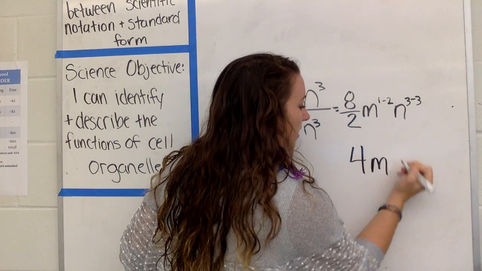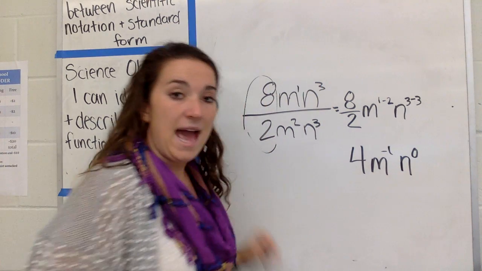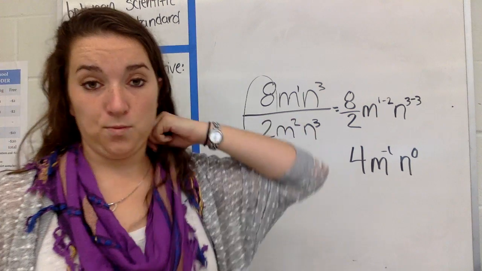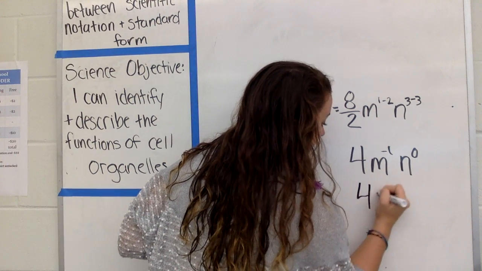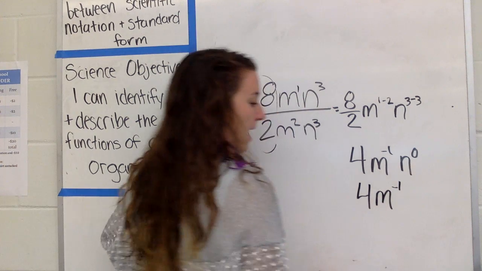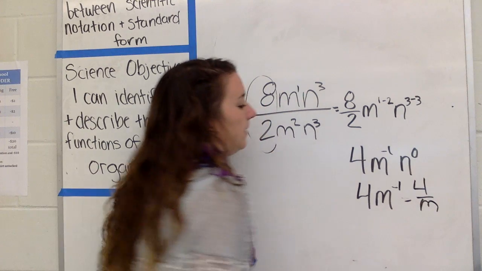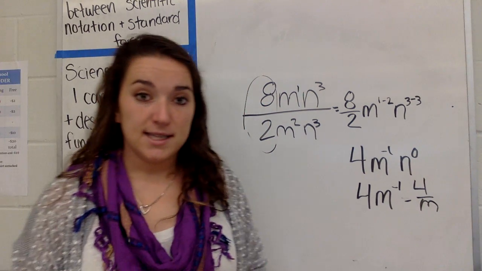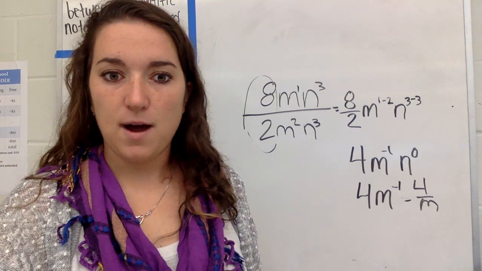My m's, I'll get -1, and my n's, I'll get 0. Anything raised to the 0 power is what? Yeah, it's just 1. So you'll get 4 m to the negative 1st power, which is the same thing as 4 over m. You could have also done this by expanding and crossing out your terms. Go ahead, try the next problem.